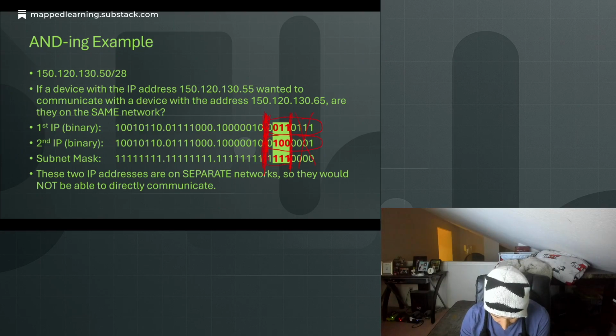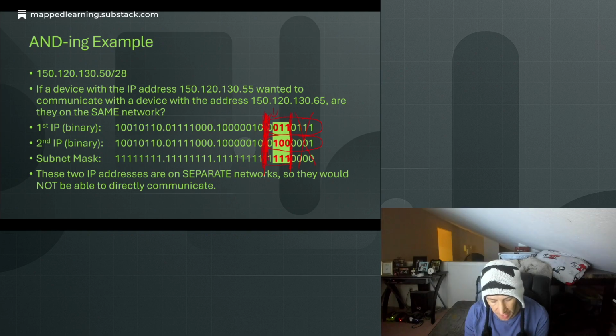However, if we go 1 bit to the right, we have 0 and 0, meaning they are the same. But the next bit on the top address, the 55, is a 0, whereas on the second IP address, 65, it's a 1. The reason is that the first binary bit is 128, and the second binary bit is 64.